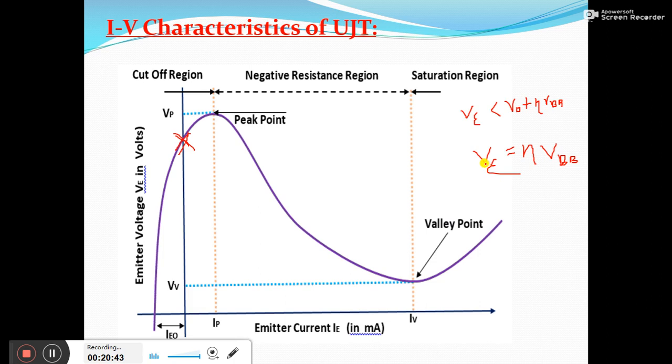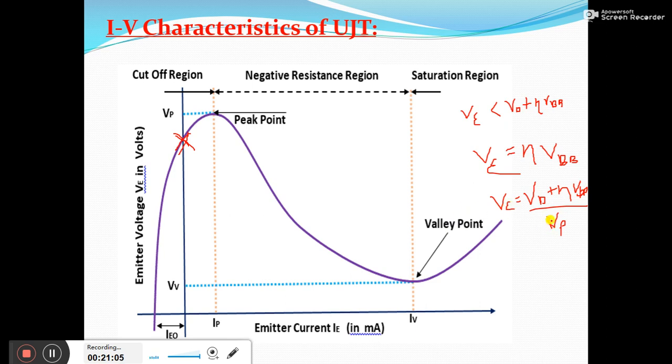Whenever VE further increases and becomes equal to VD plus eta VBB, sometimes this term is represented with a single term VP, that is peak voltage.